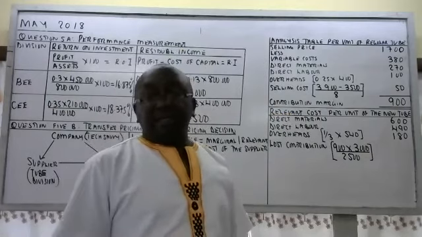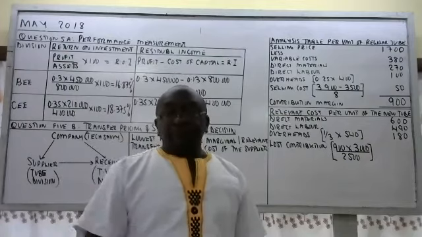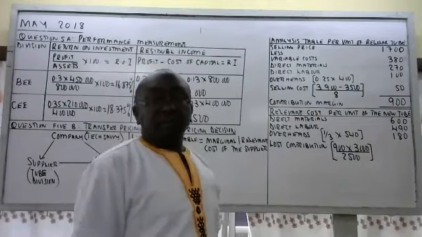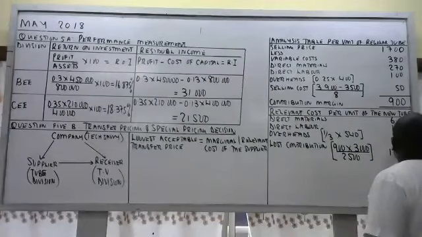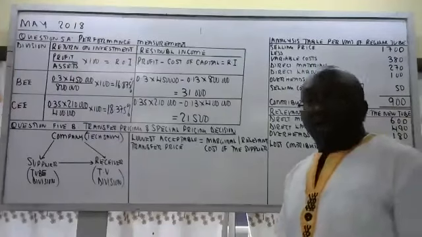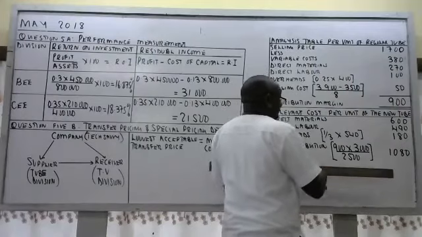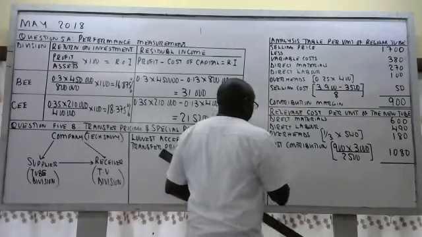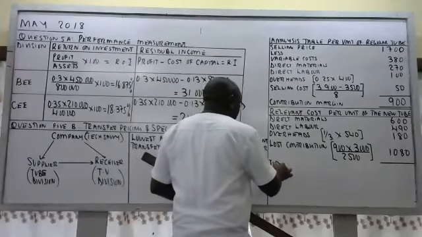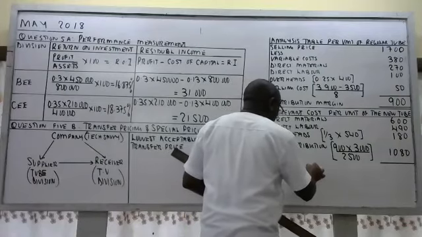Yes, June says it is 1080. Yes, Ibarine also agrees with June. 1080. Even Helen and Royce. Good. So with that now, we have the relevant costs. Total. And this total, it is our lowest price.